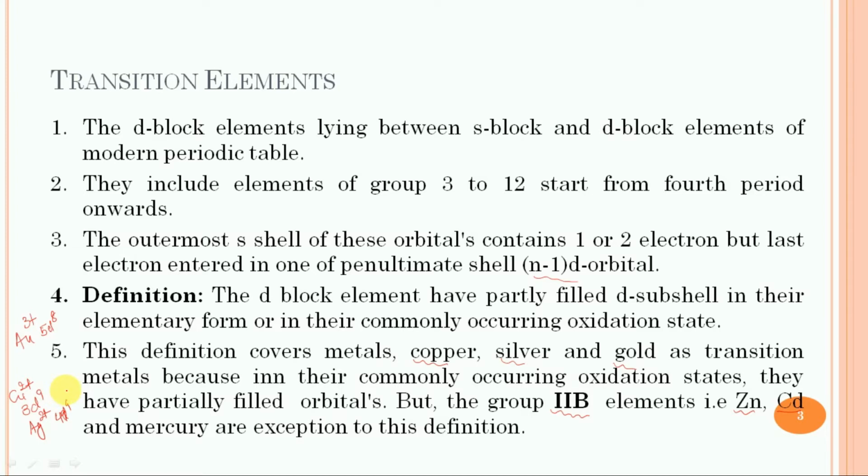These elements are kept here in order to maintain the rational classification of the elements. If we compare their properties with transition elements, they do not resemble in any property except for their ability to form the complexes with ligands such as ammonia, amines, and halides, etc.